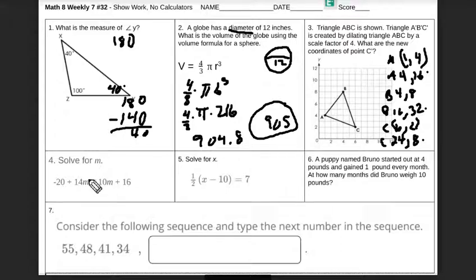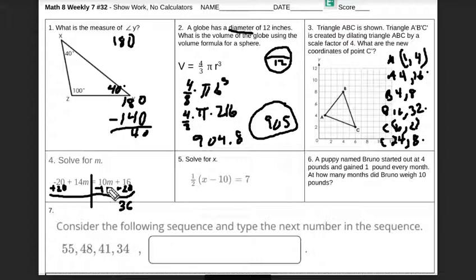Okay, we need to solve this one. Draw your line. Okay, we want to get the m's onto one side and the numbers to the other side. So here we go. We need to do the opposite of this to get rid of it. So let's get rid of 20. We're going to add 20. Okay, here we go. This is going to become 36.